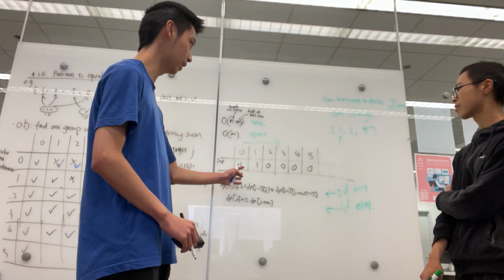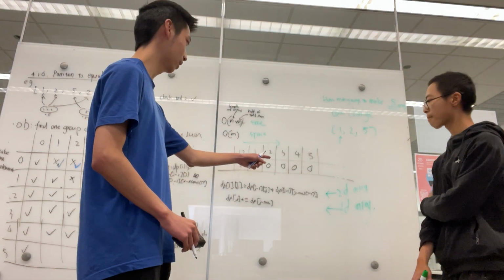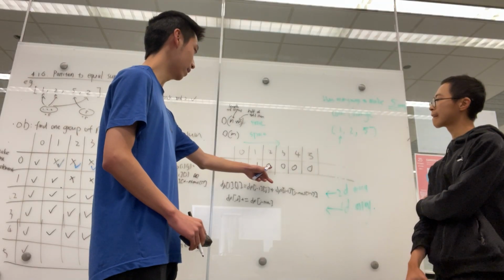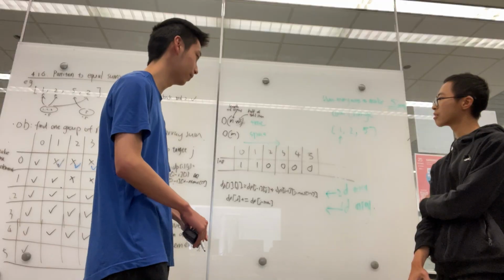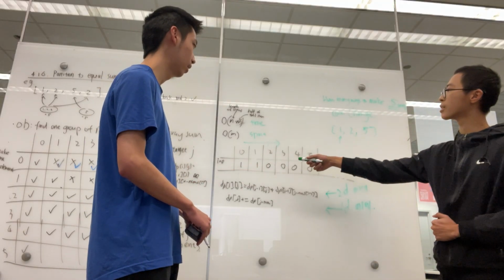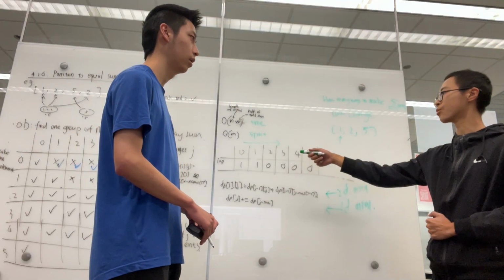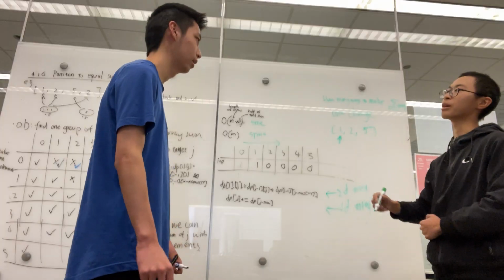So for example, if we're looking at j equals 2, or a target of 2, that means filling the target value of 2 with only the first element.